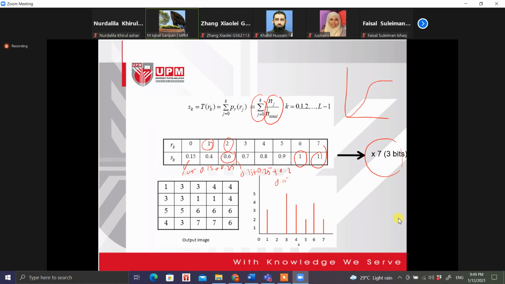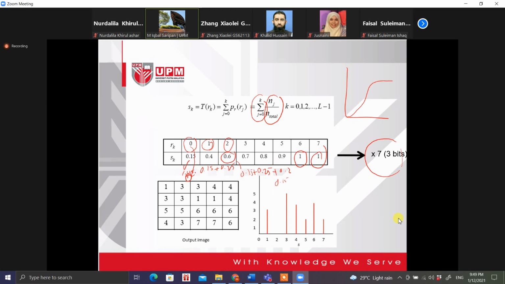I did mention in our first class or second class, values for colors cannot be in decimal. It must be an integer. So for 0.15, we take the value of 1. In other words, any value that you get 0, it will be changed to 1.